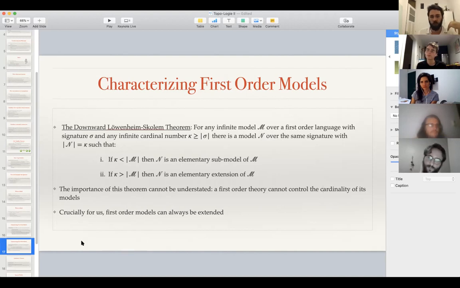What relation does it have to the original one? When you call it an elementary extension, it doesn't preserve that everything true in the original is true in the new one, because an extension will have the original model as a submodel of the bigger one. So it will be included in the new one.